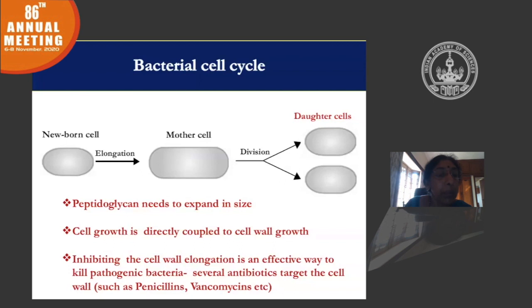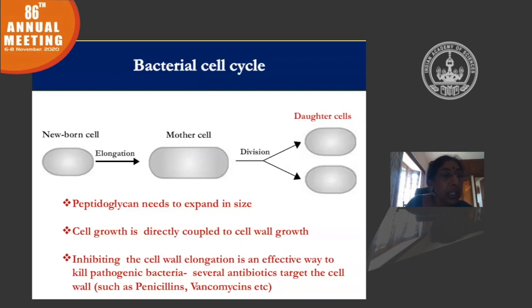People have historically used the step of cell elongation to inhibit the growth of pathogenic bacteria, because several very well-known antibiotics such as penicillins and vancomycins inhibit this step, so the cells do not grow to form adult cells.